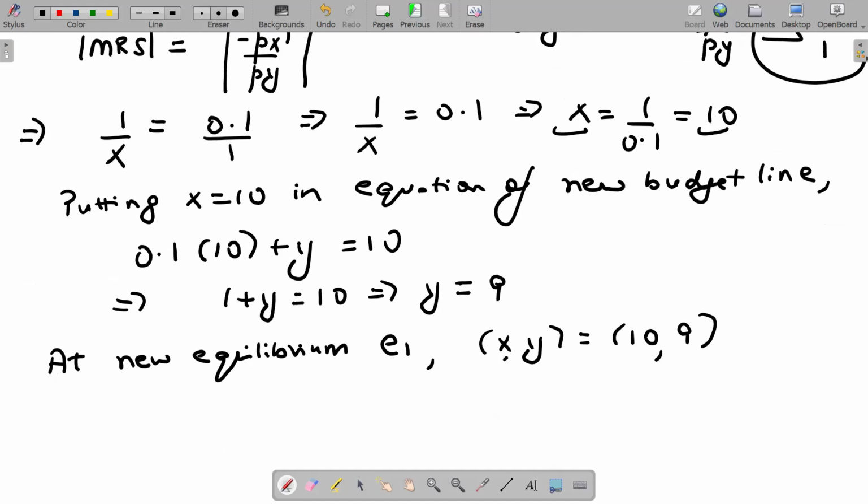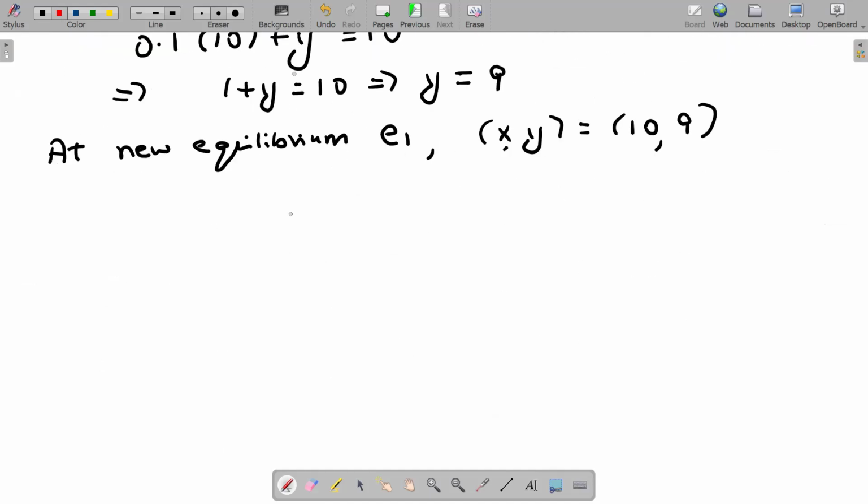Now let's look at the equilibrium with substitution effect. What does Slutsky say?